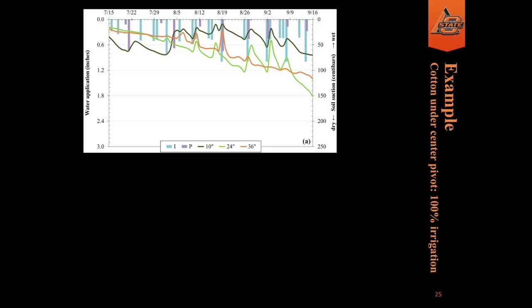And you can see this is from mid-July to mid-September this year. You can see as the growing season progresses, we're losing moisture at almost all depths. And you can also see the responses to irrigation. After irrigation or rain events, the estimates go up, showing a higher soil moisture because that moisture is being stored in the root zone.